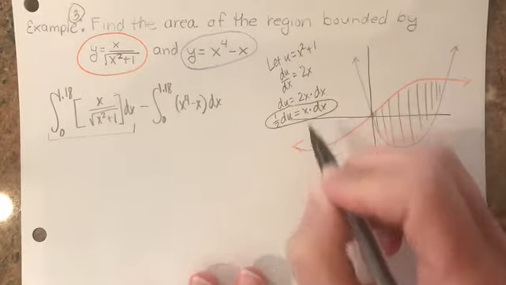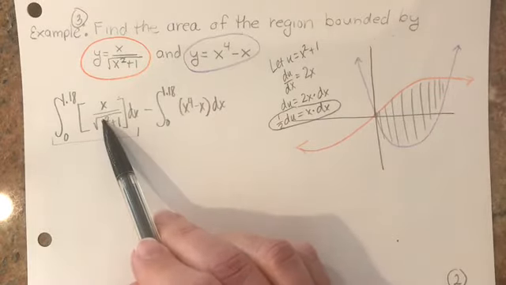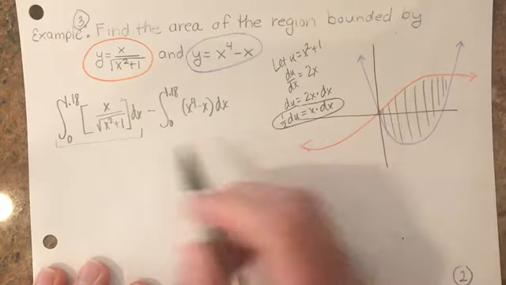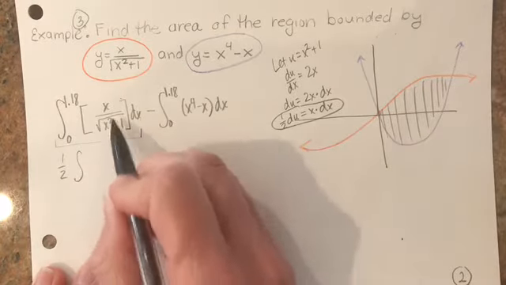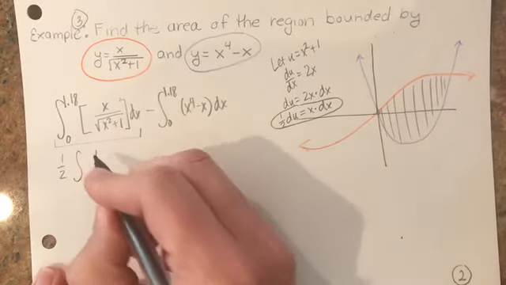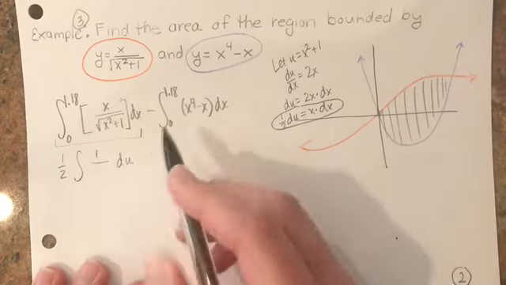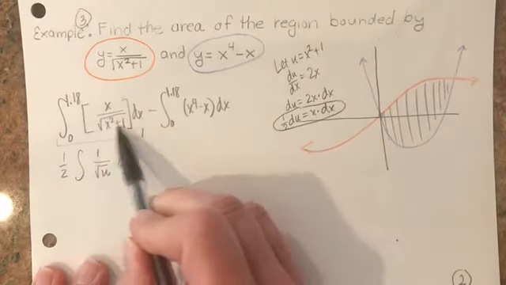So I'm going to substitute this back into this first integral. Okay, so this x and dx just becomes 1/2 du. So I'm going to put the half here, put the integration symbol, x dx just became this 1 du, and then I'm dividing by the square root of u, because u is x squared plus 1.